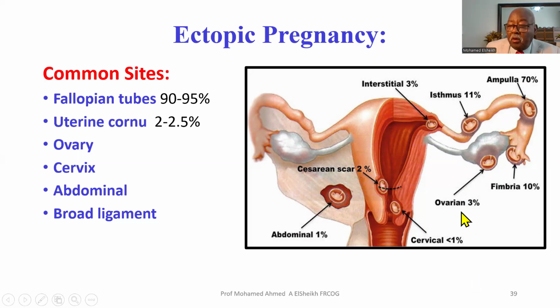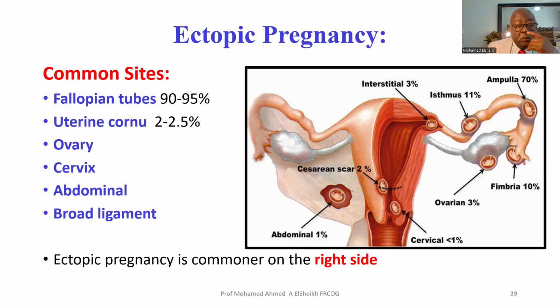Then the ovarian, it could be in the ovary. It could be cervical, in the cervix. It could be abdominal, just outside. Sometimes, rarely, in a cesarean section scar from a previous cesarean section. So these are the common sites of an ectopic pregnancy. Usually it is on the right side.